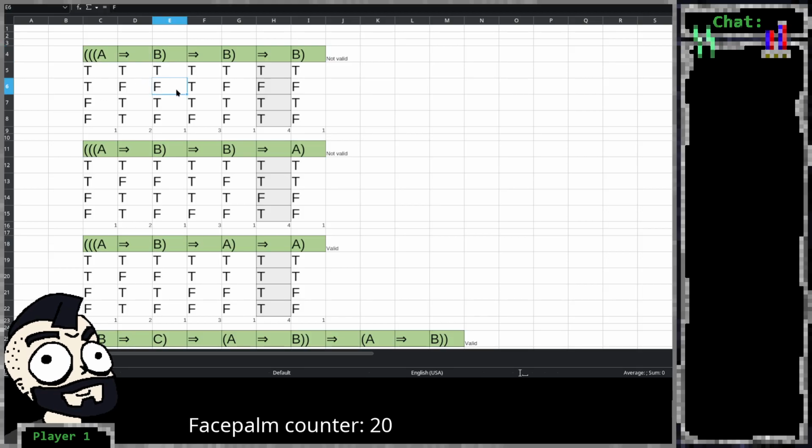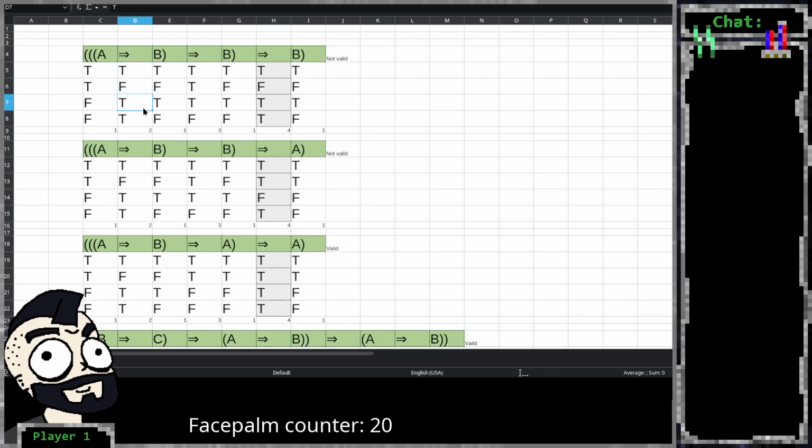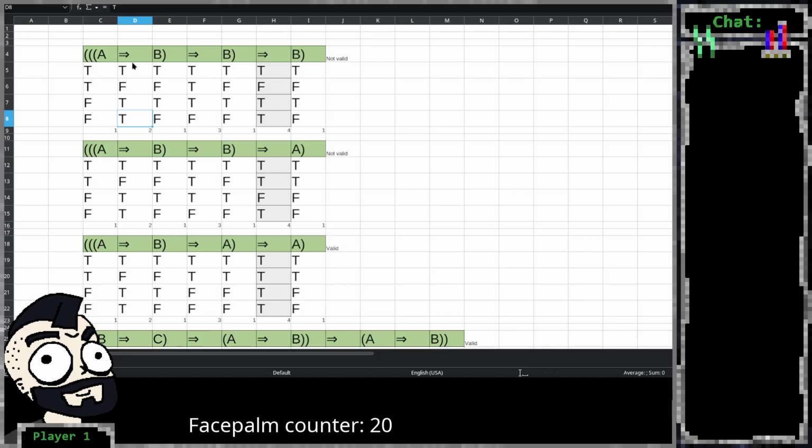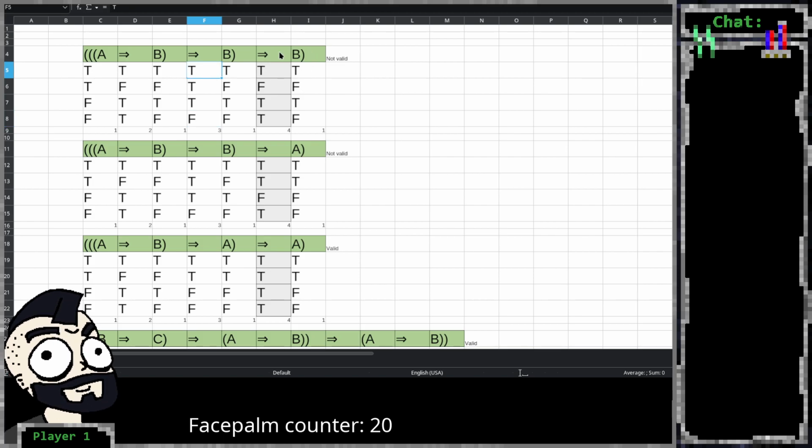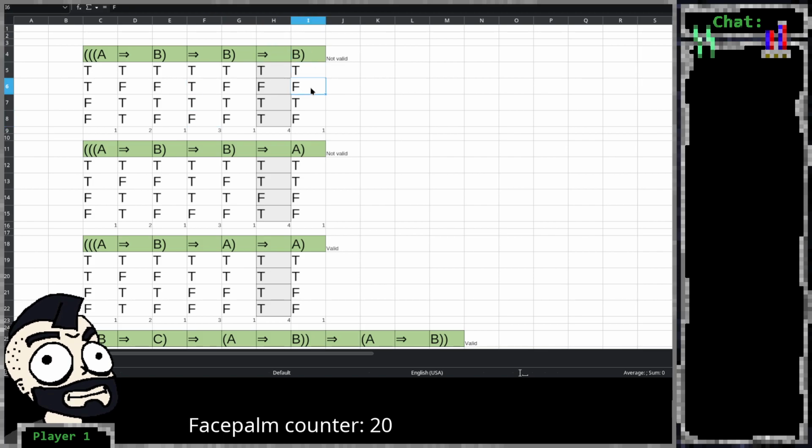So the only row that is odd is true, true first, false second. That gives me false. Everywhere else is true. And that implies B. Well, B is true, false, so true implies true, yes. False implies false, yes. True implies true, yes. False implies false, no. And then we have B again. True implies true, yes. True implies false, false.